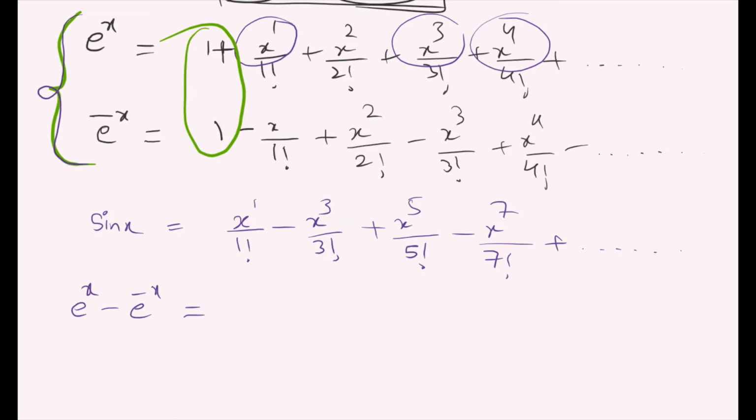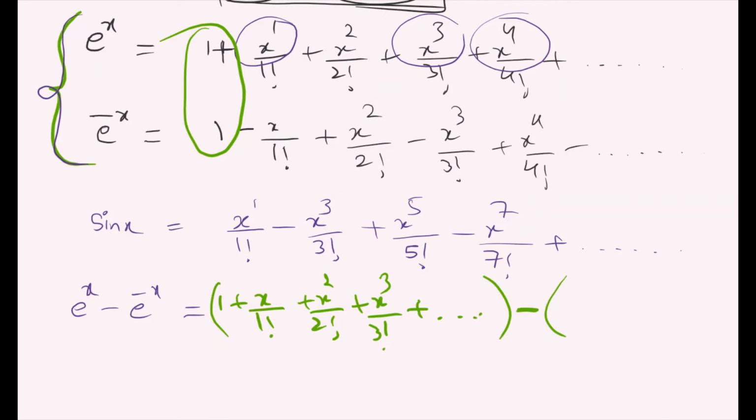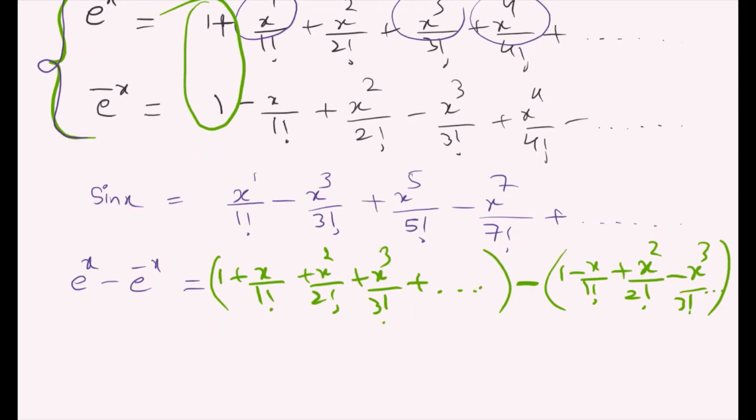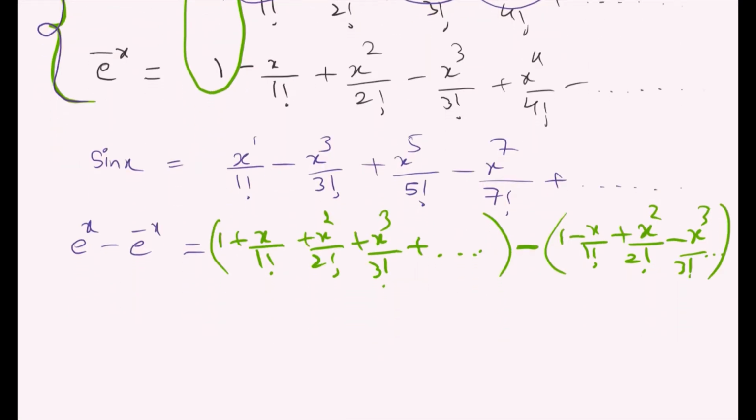I will write this expansion: 1 plus x by 1 factorial plus x square by 2 factorial plus x cube by 3 factorial and so on, minus of 1 minus x by 1 factorial plus x square by 2 factorial minus x cube by 3 factorial and so on.